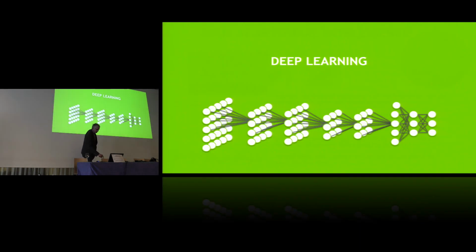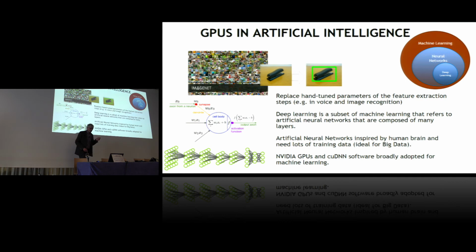Here we see a little bit how we position deep learning. I already mentioned that we train neural networks. Neural networks are shown here, and they are called deep neural networks when they have a lot of layers. Okay, so deep neural networks is always when you have a greater number of layers. Every neuron in this network, we see here the neurons are connected from layer to layer. There are no connections jumping the layers.